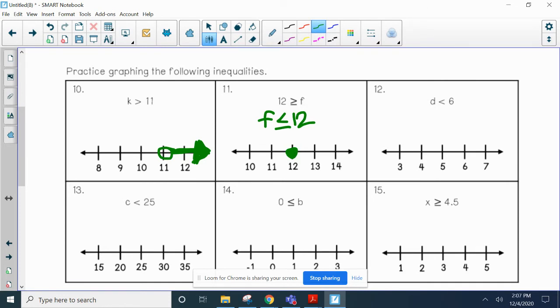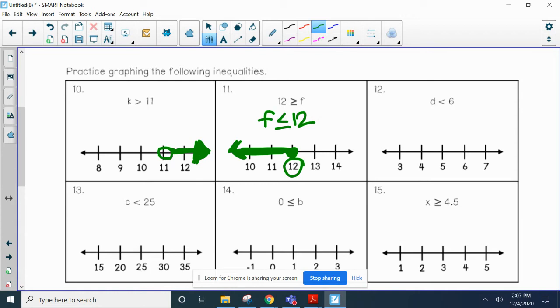Now that I have F first, all we did was flip the numbers, so we flipped the signs, and we pointed it in the direction. So let's look and make sure: is 12 greater than all these numbers I have for F? Yes.